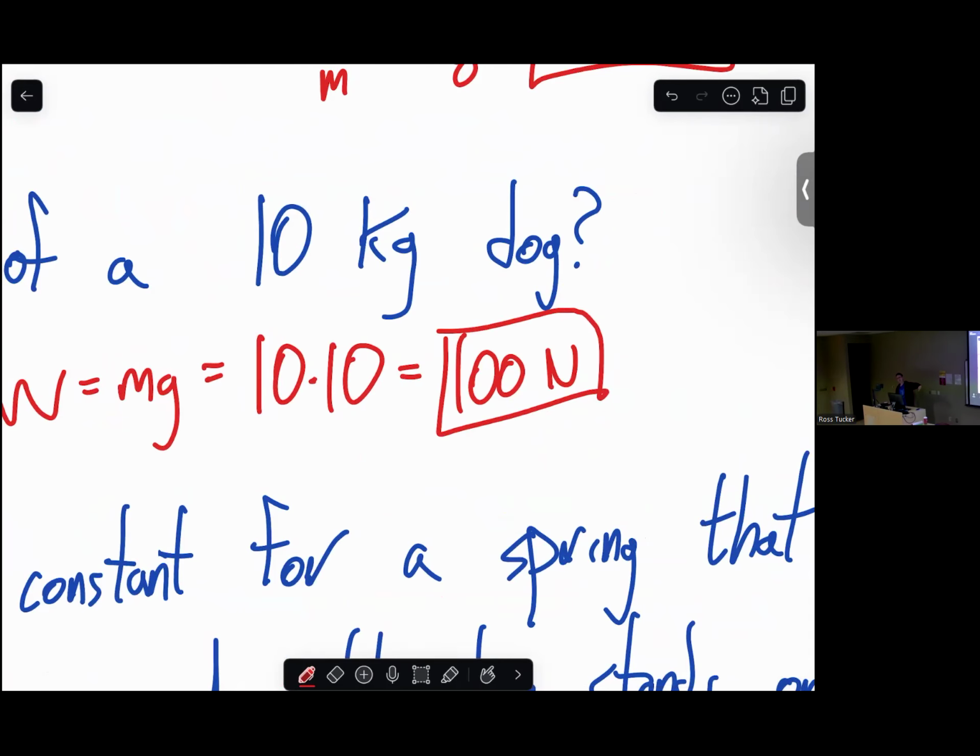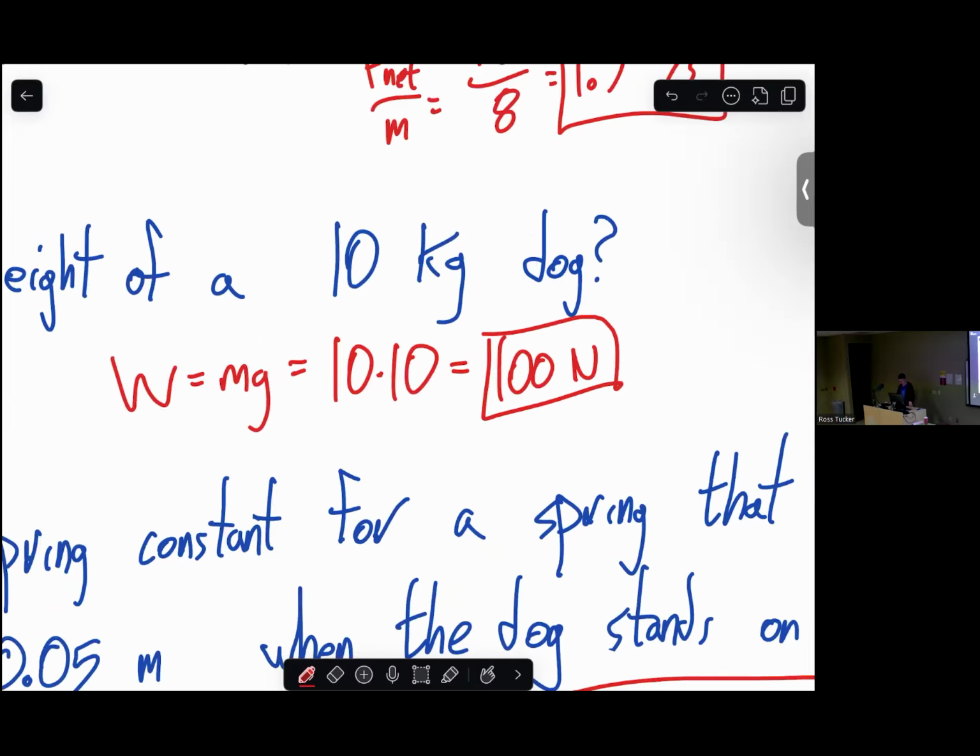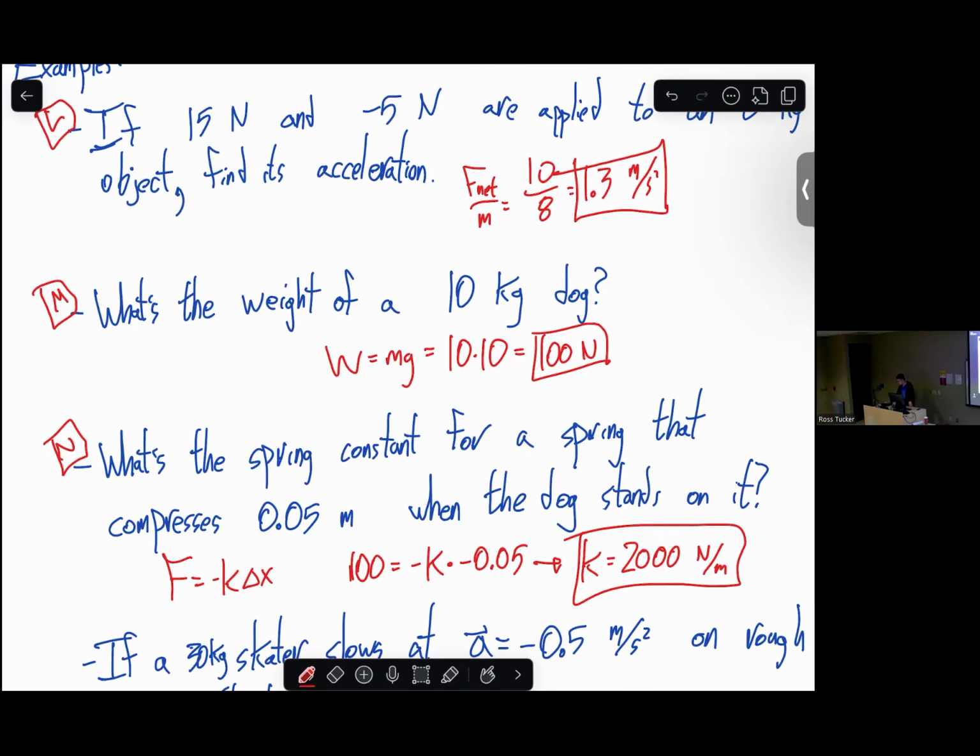How much was the spring probably pushing up with? I'm assuming the dog is just standing there. I didn't say anything about any other forces acting on the dog. The dog's owner isn't pushing on the dog. So I would assume, given this question on a test, that weight force and spring force are in balance. So I assume that the spring force is equal to the weight force in this problem. Not too confusing, just rusty.